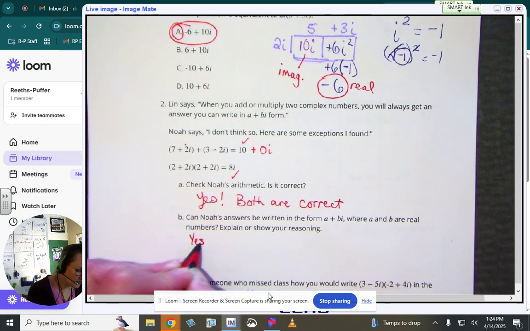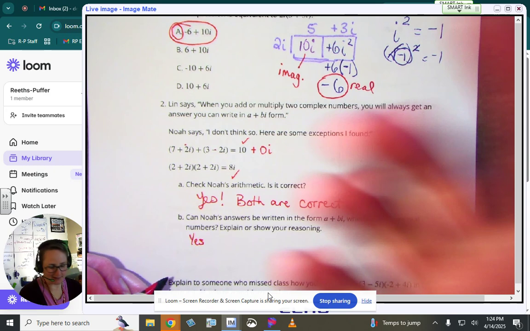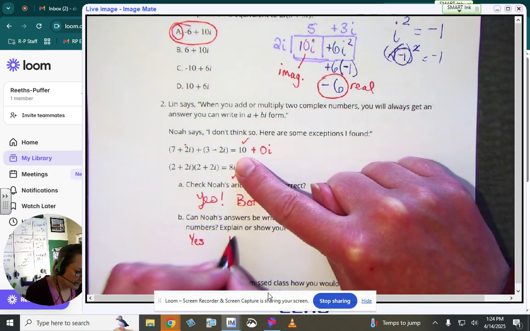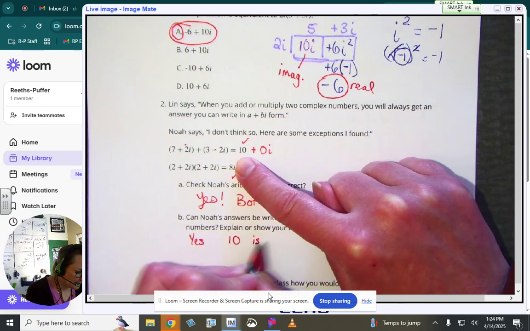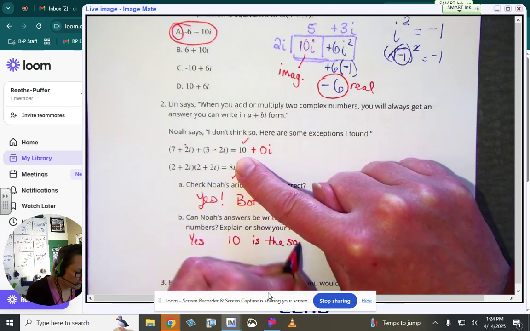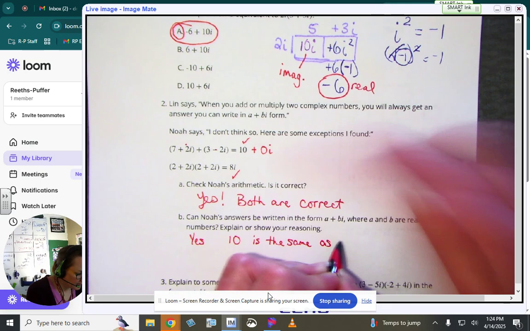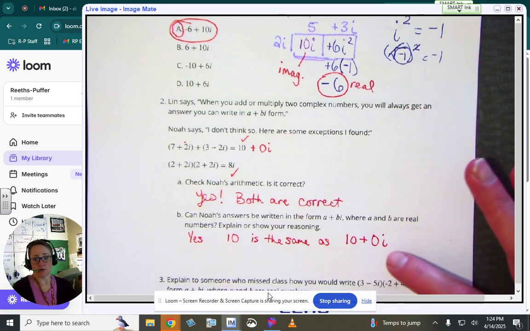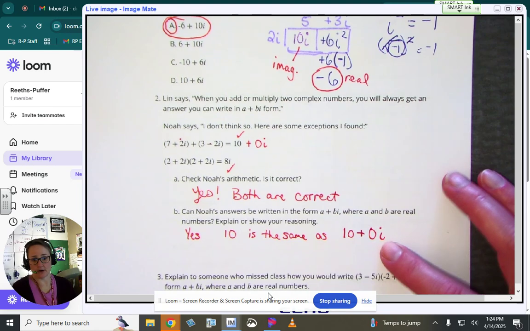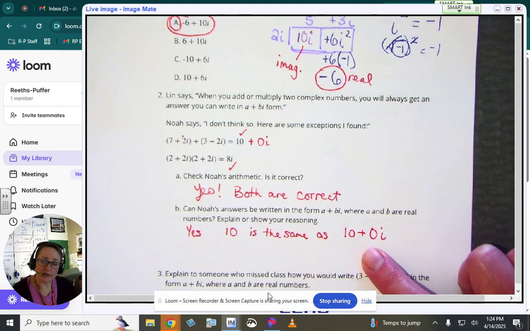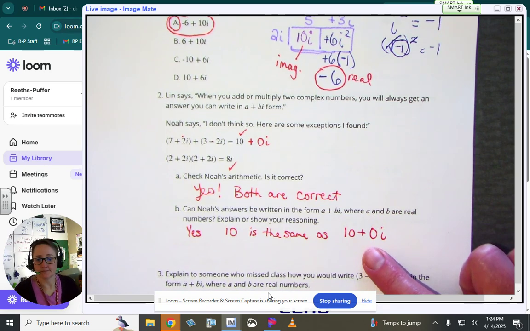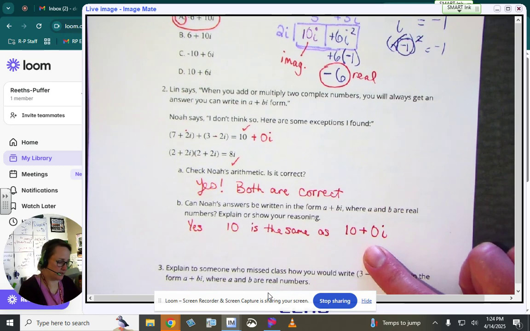Here's the thing. We just did it in our last set of practice problems, but I also just did it right up here. 10 is the same as 10 plus 0i. If I don't have an imaginary part, I can put 0 there. And 0 is a real number. It's real. We can say I have 0 somethings. I can show you nothing, right?